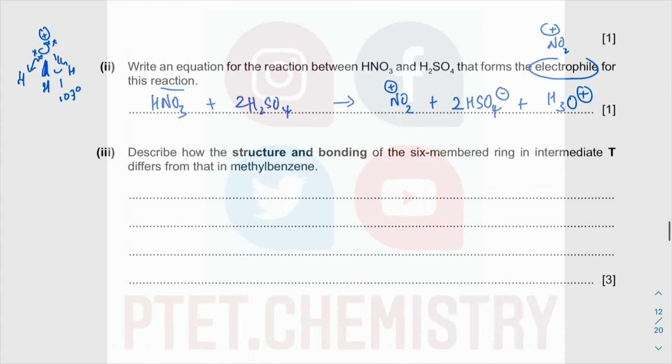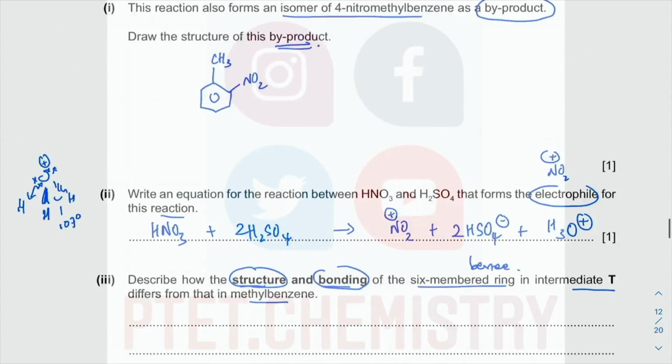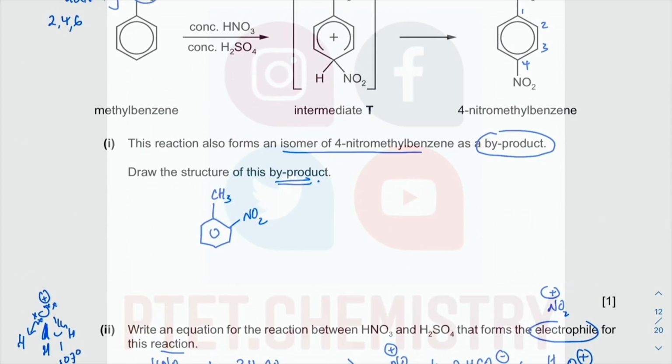All right. So how does the structure and bonding, so they specifically bolded these two, of the 6-membered ring, basically the benzene ring, differ from that in methylbenzene? In intermediate T. So how is this different from this? They are referring to this bit here, the 6-membered ring.